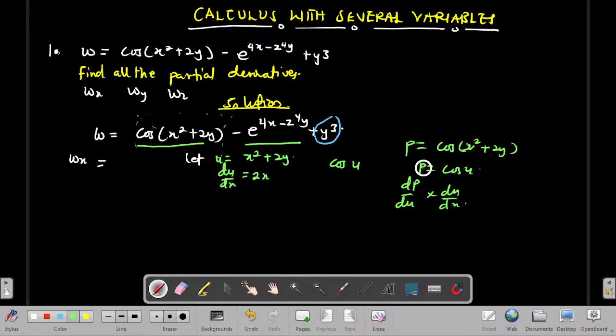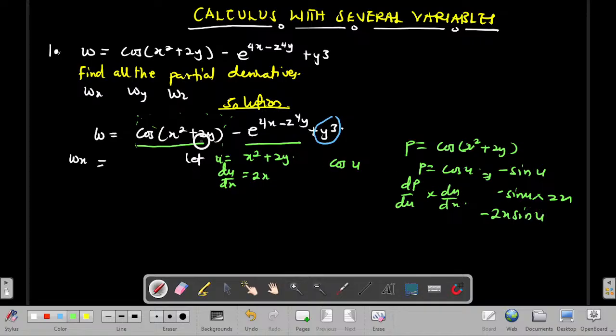So when I differentiate p, what am I getting? If you differentiate cosine u, you get negative sine u, multiplied by du/dx, which is 2x. Therefore, the entire derivative of this expression is negative 2x sine u.